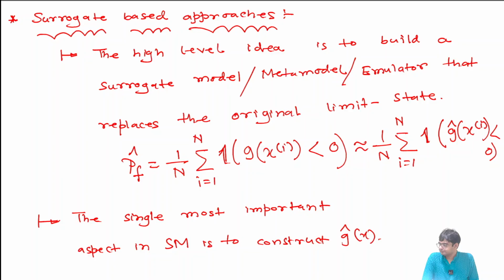Now, what do you think a perfect or an ideal g hat x? What are the properties of an ideal g hat x? Can you tell me which will be an ideal g hat x? G hat x should match g x as closely as possible.